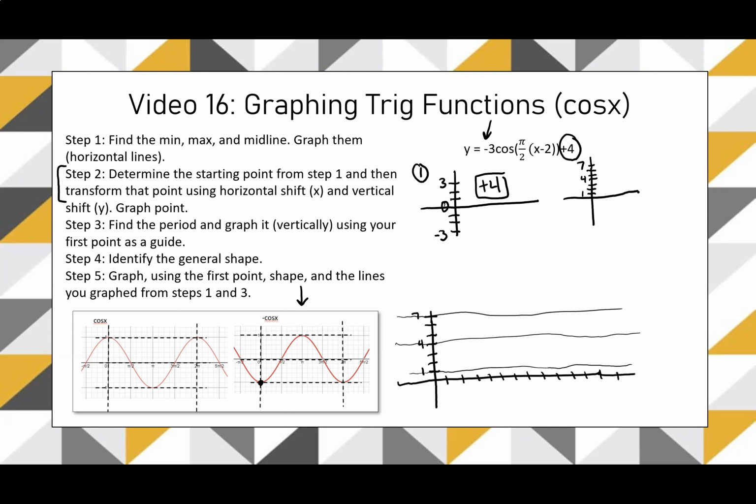You need to now refer to this. This will be your minimum. But we also have to look at our vertical shift. So we would think, my cosine graph's going to go up all the way. Oopsie, go back to that. Where was that?